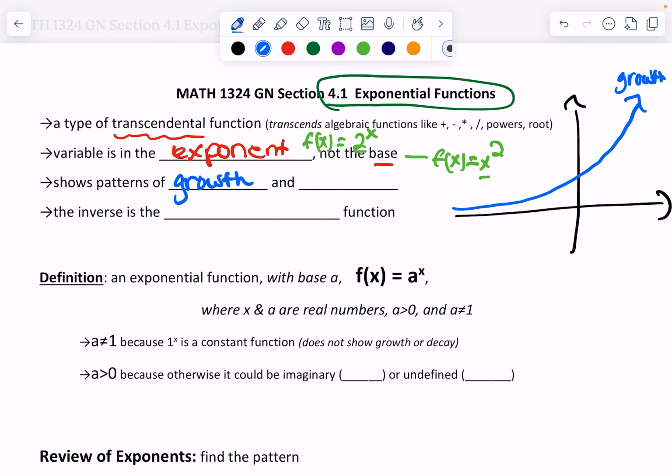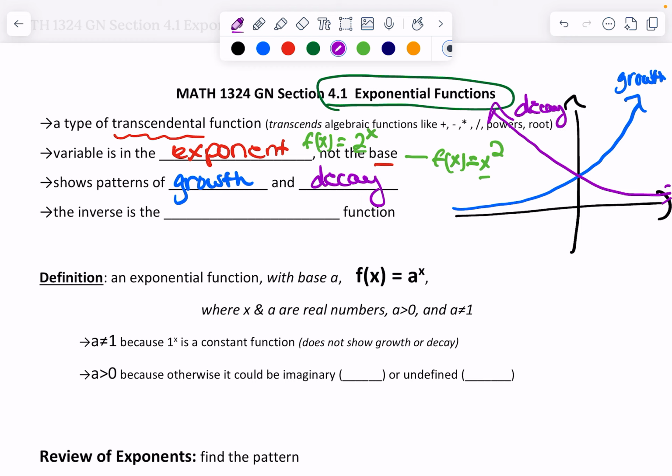Now, our other option for the pattern is decay. And the decay, this one's the harder one to graph, comes down like this, something like that. So that's our decay.